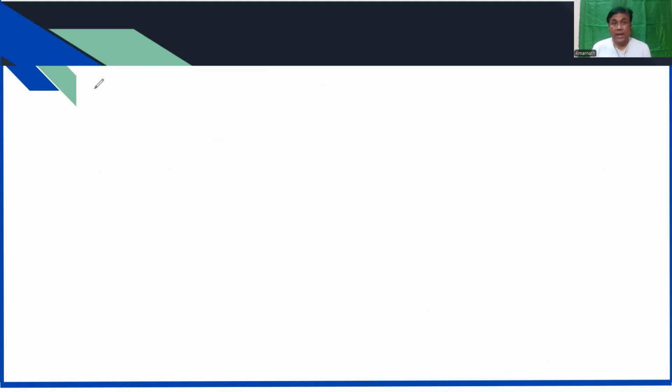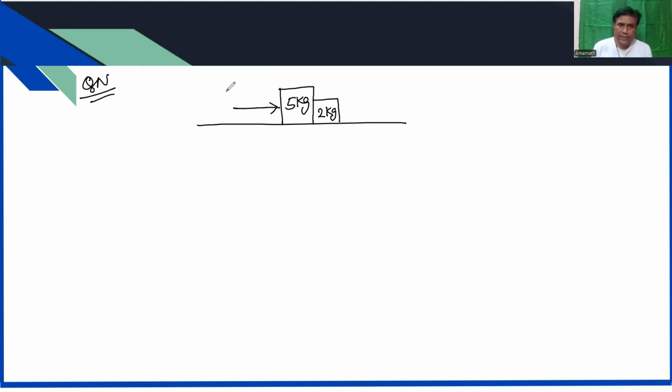Let us try some another type of question, okay? Say this is a block, okay? Say this is 5 kg. And this is another block. Say this is 2 kg. And I have applied a force F equal to say 14 Newton, okay?